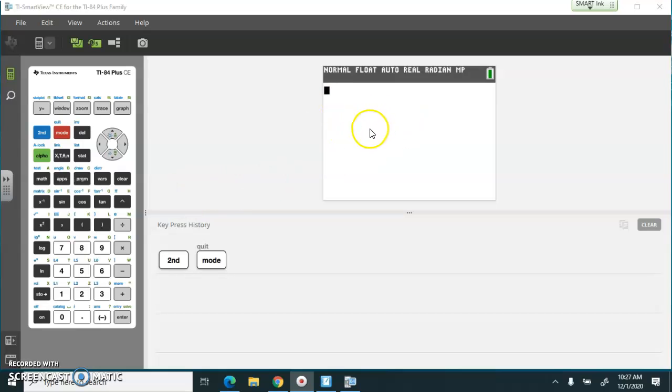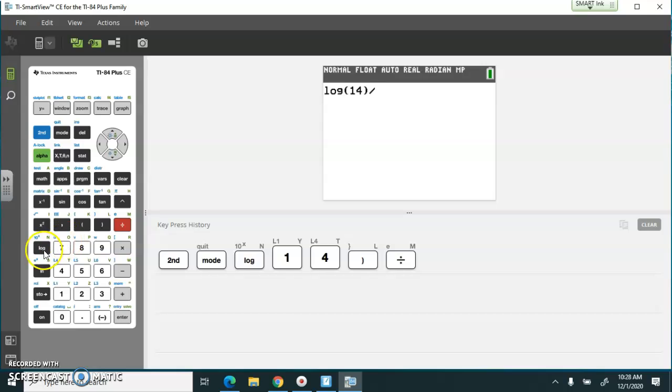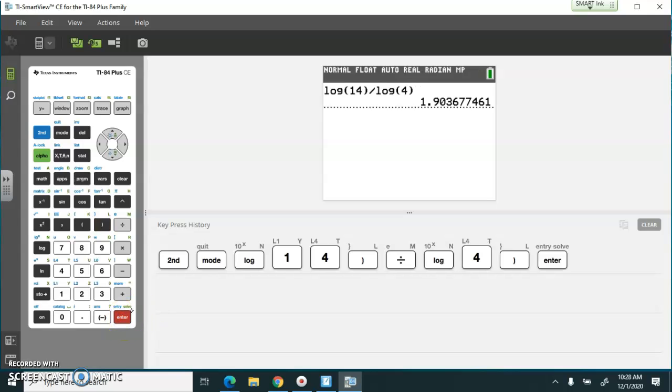Okay, so if I hop over to my calculator, I'm going to do the log of 14, close parentheses, divided by the log of 4, and you can hit enter here. And then we're going to subtract off the 2, and that's going to give me negative 0.96.